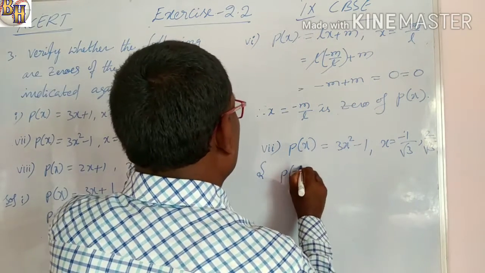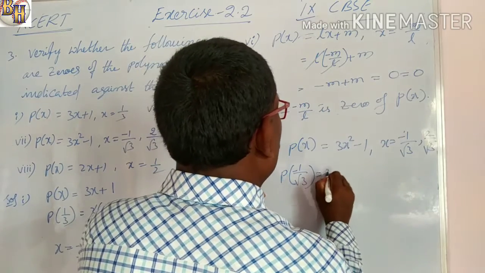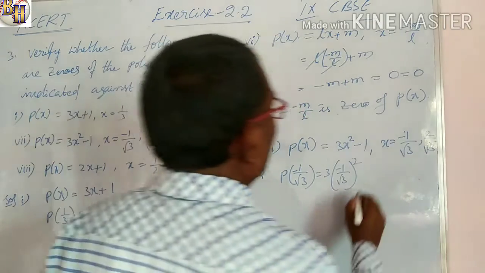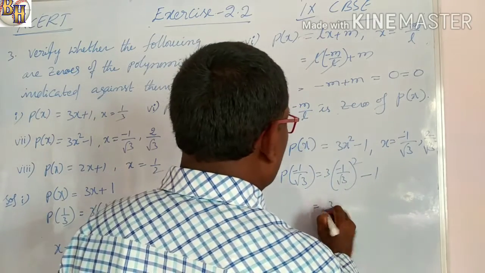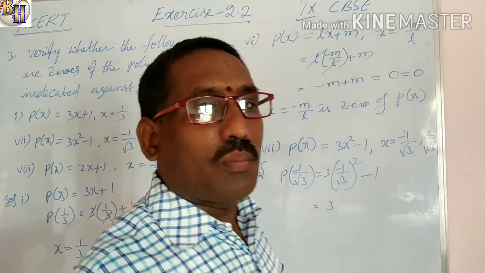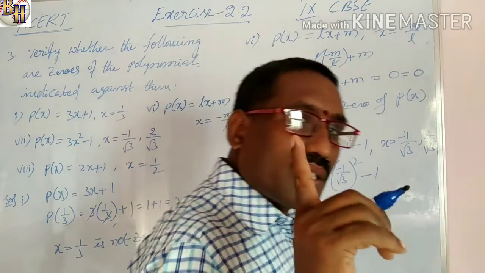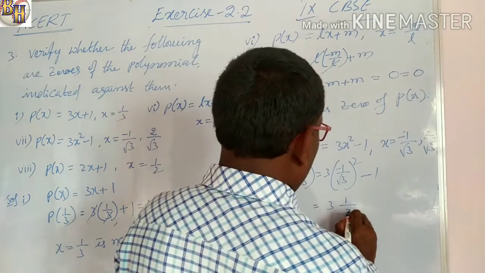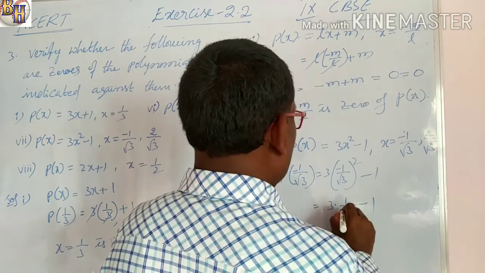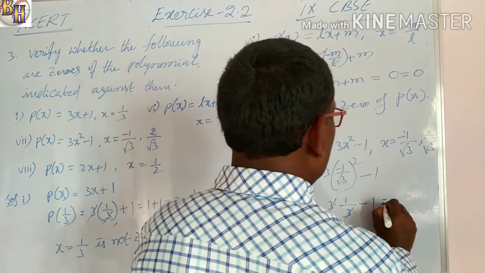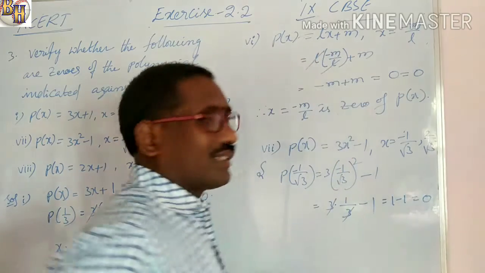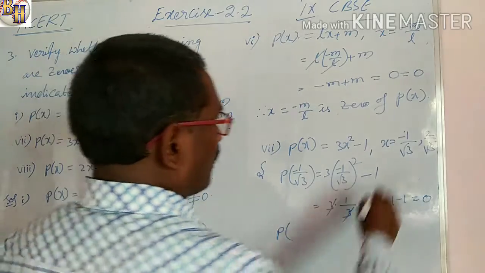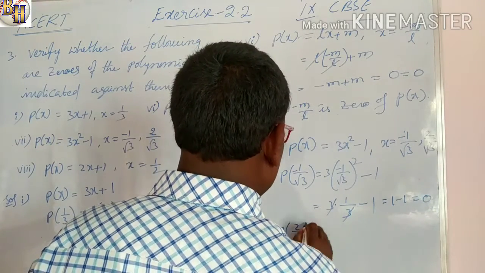P of minus 1 by root 3 equal to 3 into minus 1 by root 3 whole square minus 1, is equal to 3 into, see, minus 1 whole power even number, plus 1 only. 1 by root 3 whole square is 1 by 3, minus 1. Now 3 cancel. 1 minus 1 is equal to 0. Yes, it is 0.